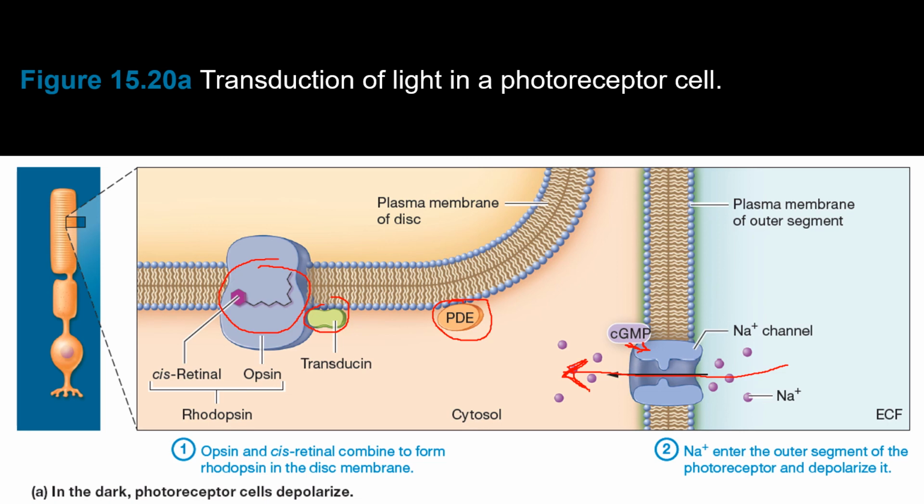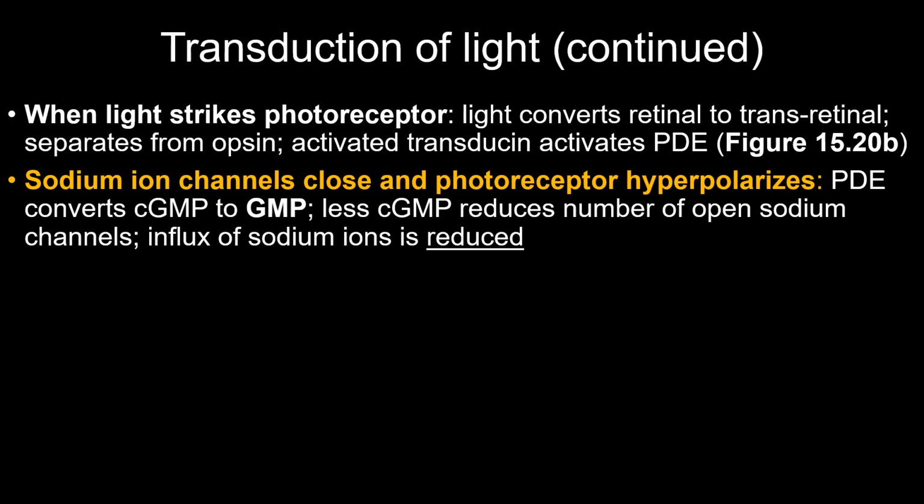Now, what happens in the light? Well, when light strikes a photoreceptor, the first thing that's going to happen is cisretinol changes to transretinol, and it separates from the opsin. This light is going to be absorbed by the rhodopsin embedded in the disc membrane, changing that bent cisretinol into transretinol, its straight form.